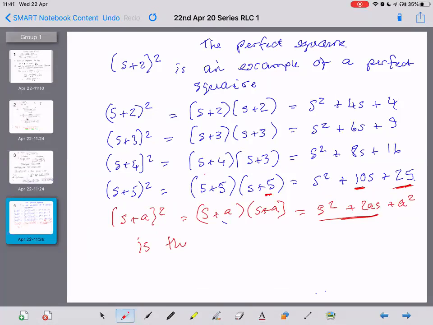Is this a perfect square? s squared plus 12s plus 36. Can we write that as a perfect square? Anyone?